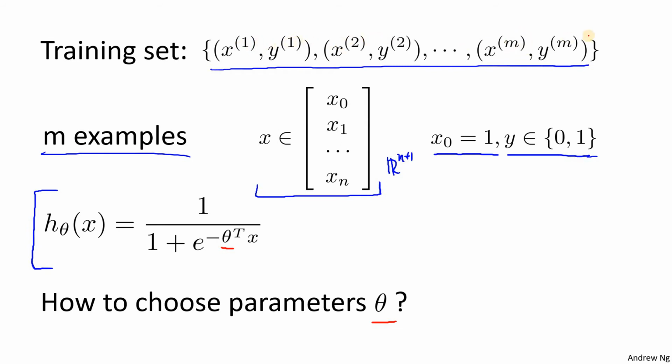If we have m examples, these examples will help us to train our model. Here the hypothesis function is 1 over 1 plus e power minus theta x. The T symbol you see over here represents the transpose, but it's not directly relevant to us. It's only for programming purposes.